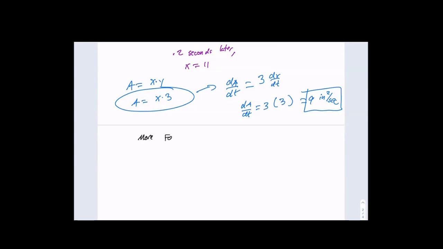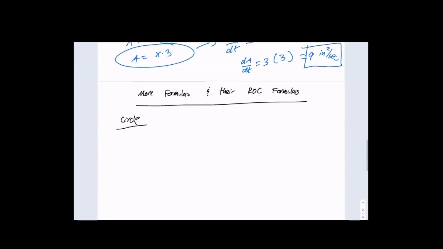More formulas and the rate of change formulas. So let's talk about the circle. All right. So in the circle, we can have area equals pi r squared.